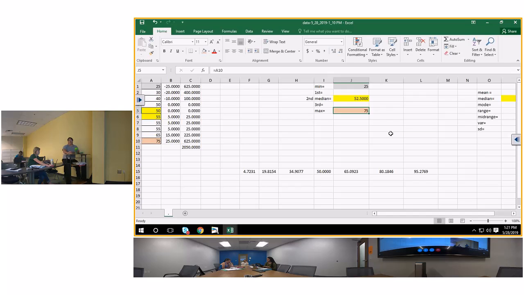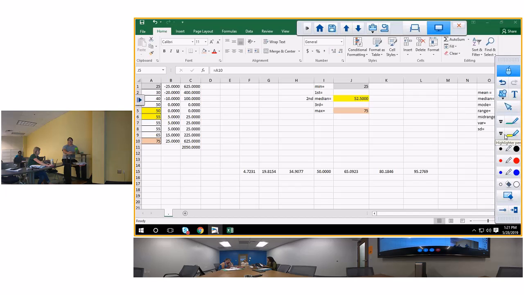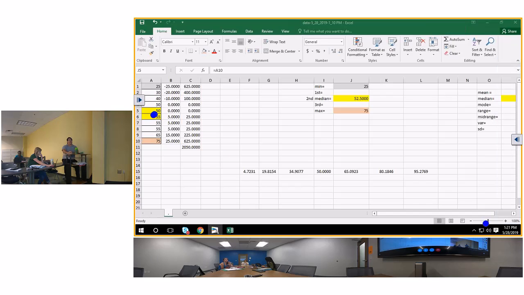Okay, now I want you to find the first and the third quartiles. Now, be careful because you've got to find where is 52.5? Somebody tell me where 52.5 is. I'm going to put a dot right here. There's 52.5. 52.5 is between the 50 and the 55.